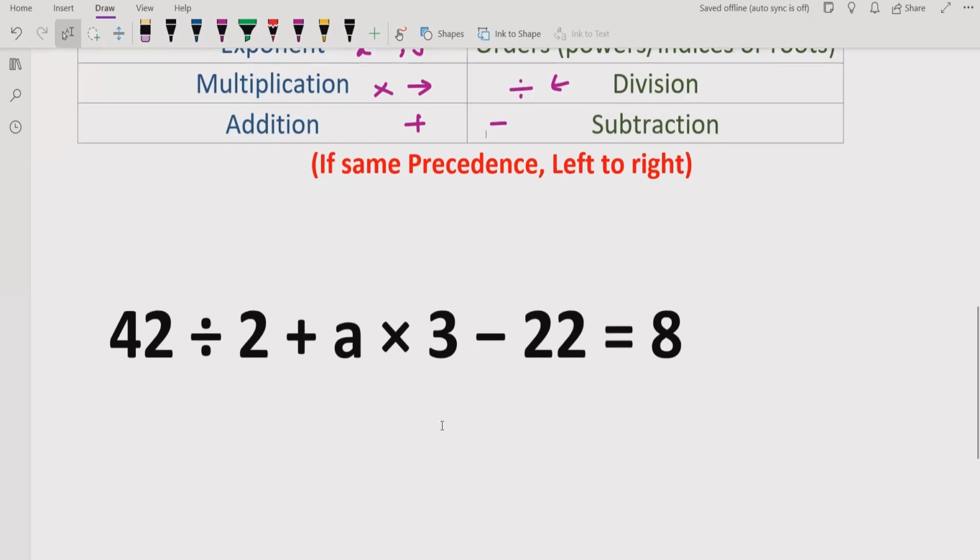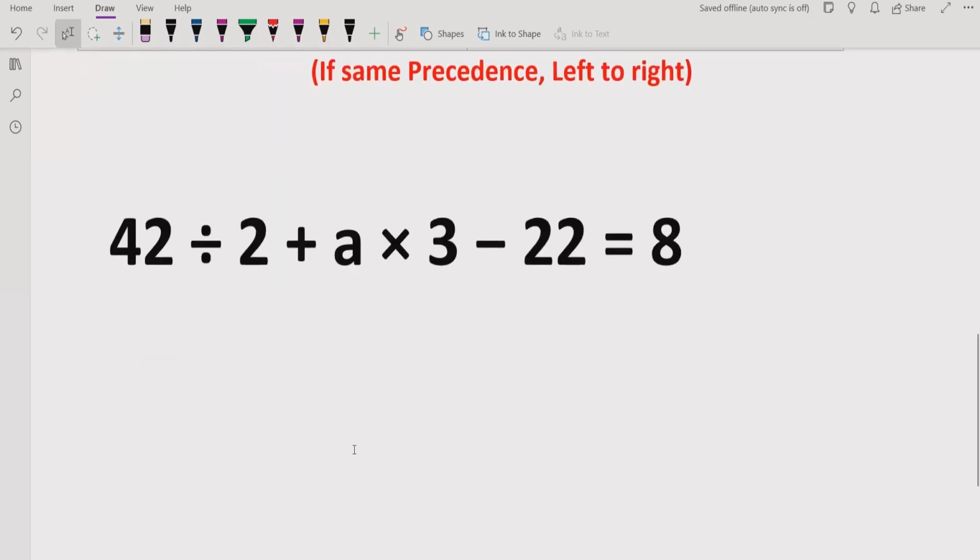So now let's start the topic. We have an expression which is 42 divided by 2 plus a multiplied by 3 minus 22 equals 8. Here we have to find out the value of a.